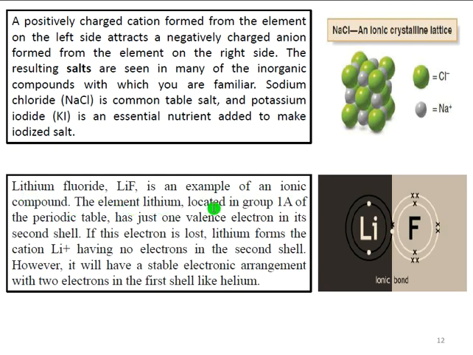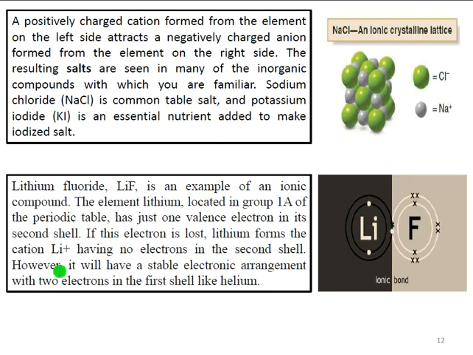The element lithium, located in group 1 of the periodic table, has just one valence electron in its second shell. If this electron is lost, lithium forms a cation. If this one electron is transferred to fluorine, lithium becomes a positively charged cation with no electron in the second shell.